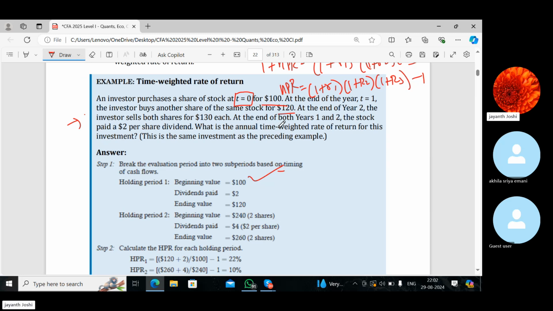So on Jan 1st he buys a stock for $100, that is the beginning value, and on December 31st he again buys a stock for $120. So the beginning value is in front of you, the ending value is in front of you, and the stock is giving some dividends as well. At the end of both years 1 and 2, the stock paid a dividend of this much. We have dividends as well.